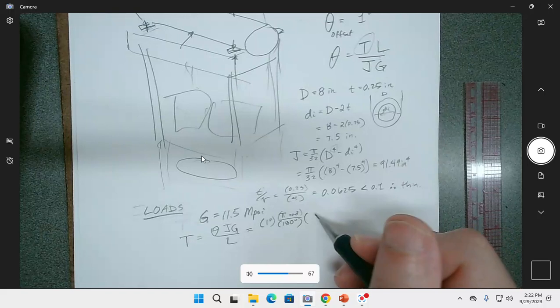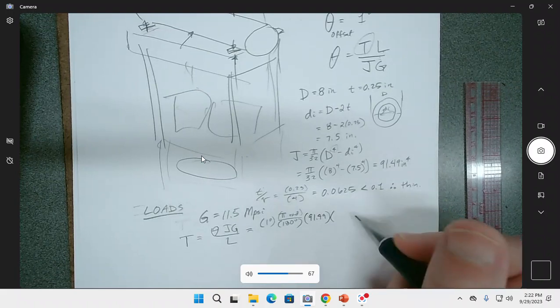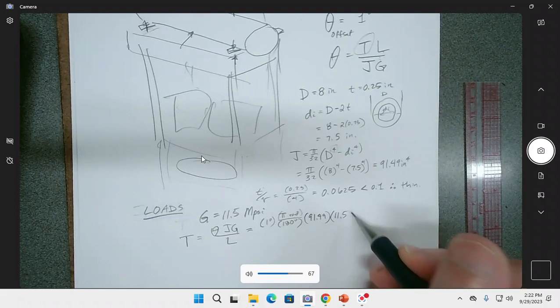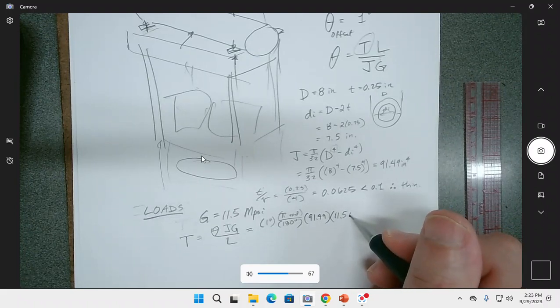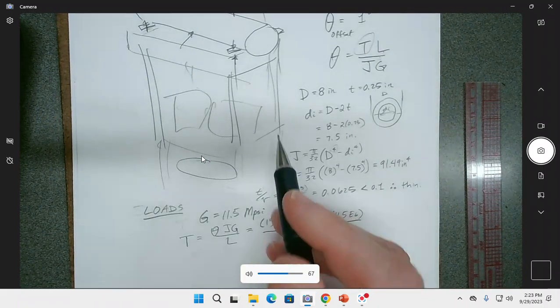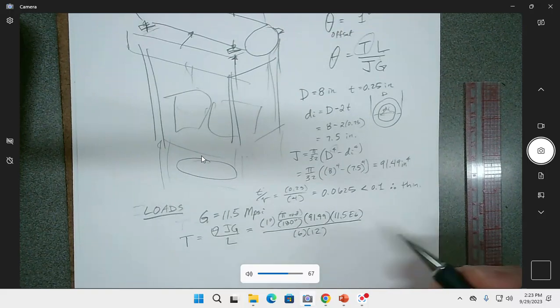And the J, I'm going to trust that I got it right, but I'm feeling trust issues right there. So the G is going to be 11.5 E6 divided by, now we have 6 feet, but that needs to be times 12 to get into inches.